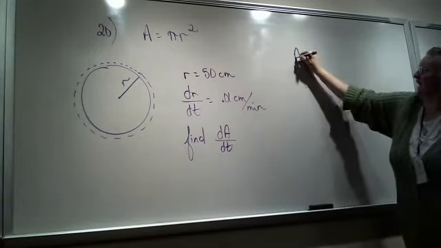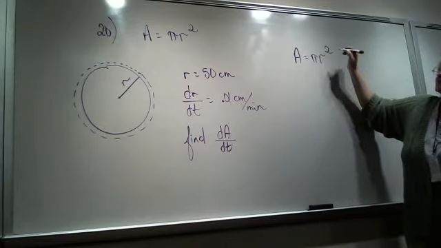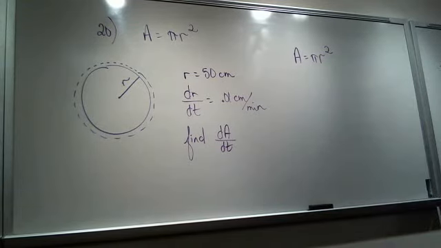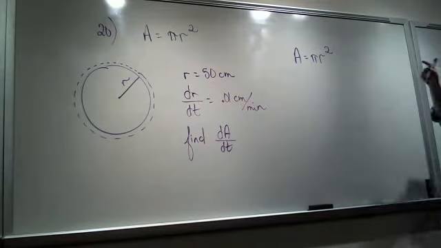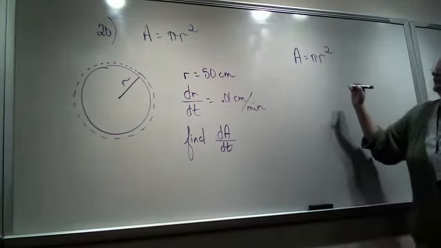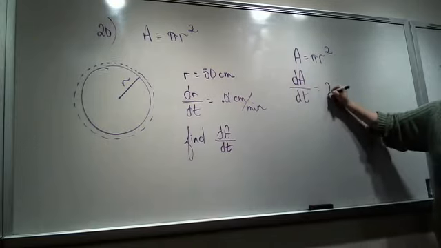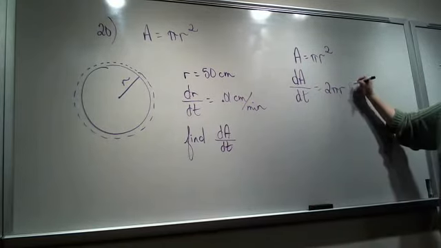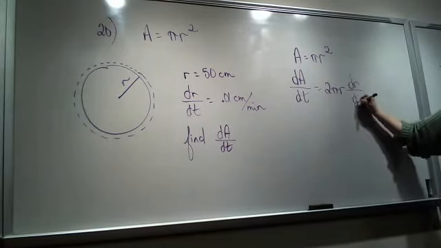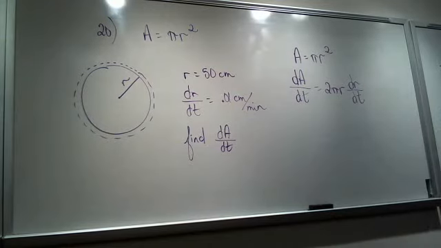Okay, so if A is pi r squared, and we already did this one, we can do it again. What is dA/dt equal to? 2 pi r times dr/dt.